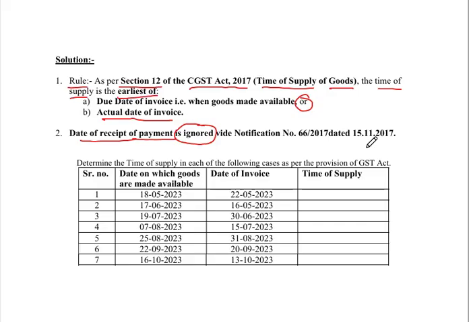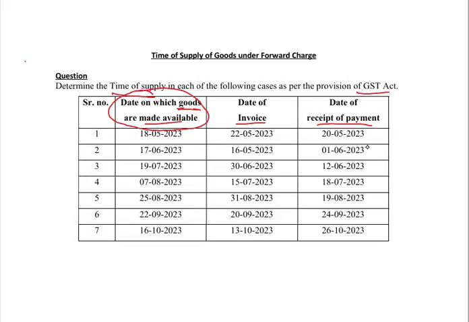So from this we can say that the date of receipt of payment is to be totally ignored. The third column, the date of payment, is totally ignored. Only two things to be checked: one is the date of made available and the date of invoice. These two things will be taken into consideration.